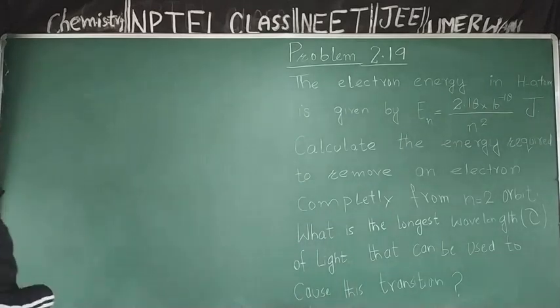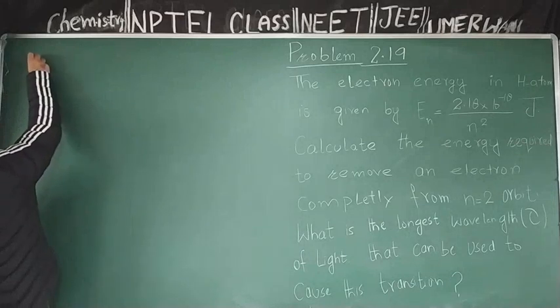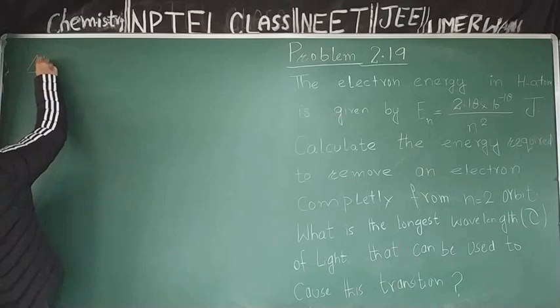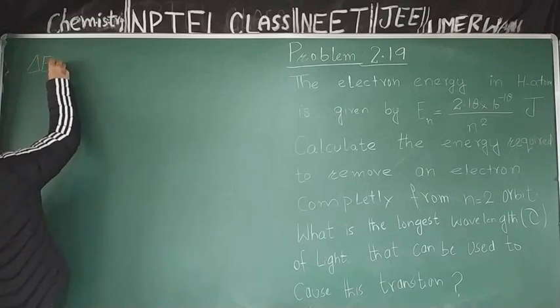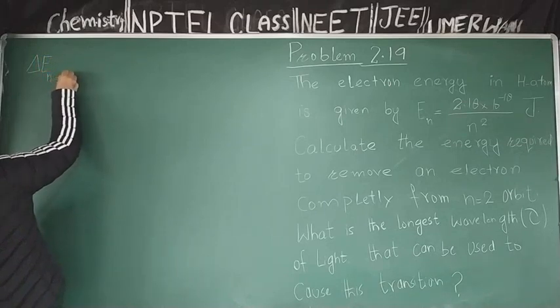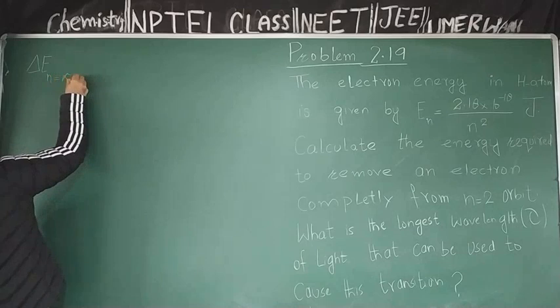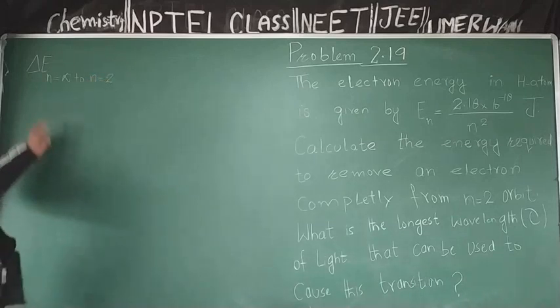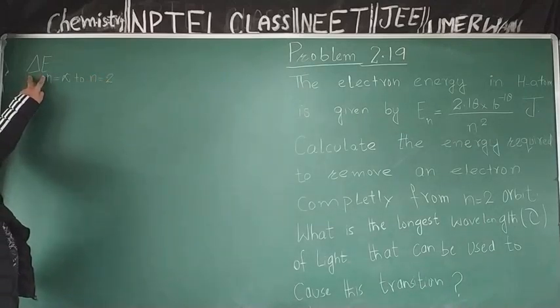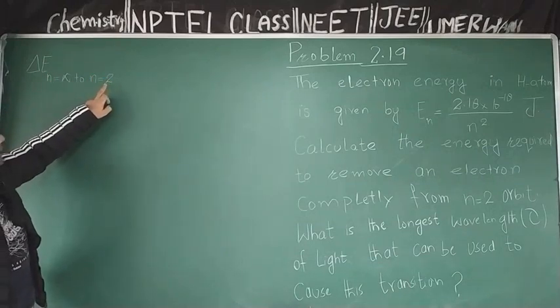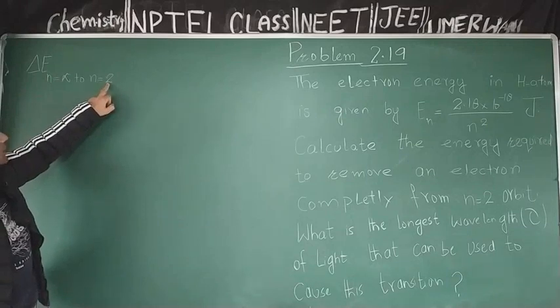Let me practice solution of this problem. I will first calculate energy difference between energy of electron present in infinite orbit and energy of electron present in second orbit. And this difference in energy will give me the energy required to ionize hydrogen atom in its excited state.